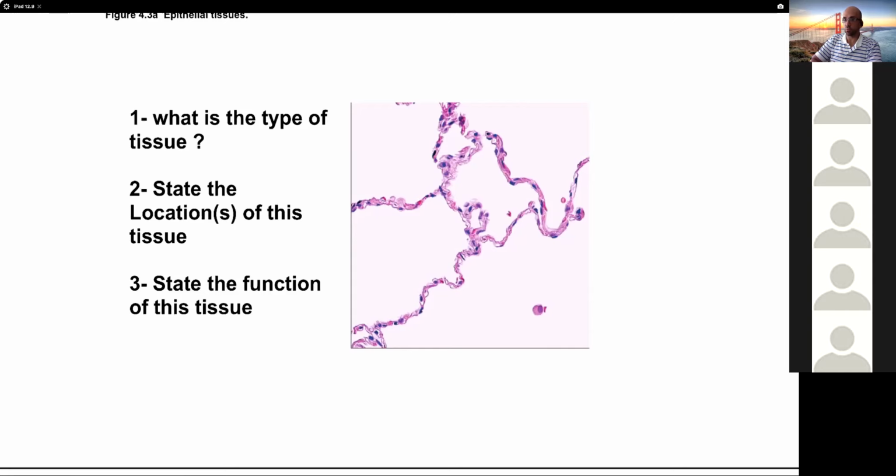And what is the function here? Glomeruli of the kidney. What is the function of the tissue on here?